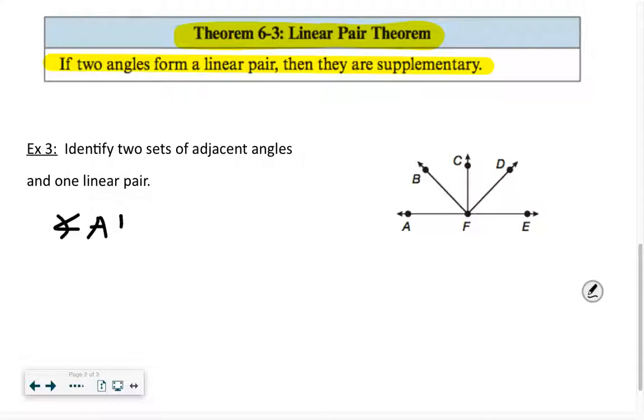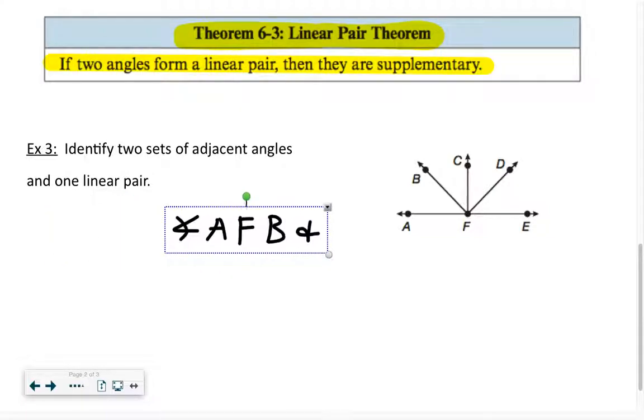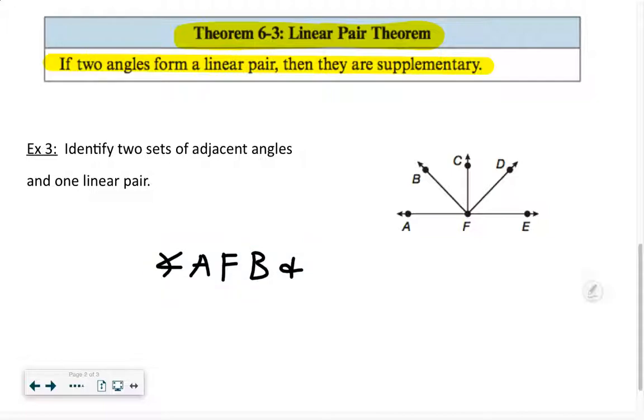Let's go A, F, B. If I give you AFB, what would be another angle that would be adjacent to it? Mason? DFE. Yeah.